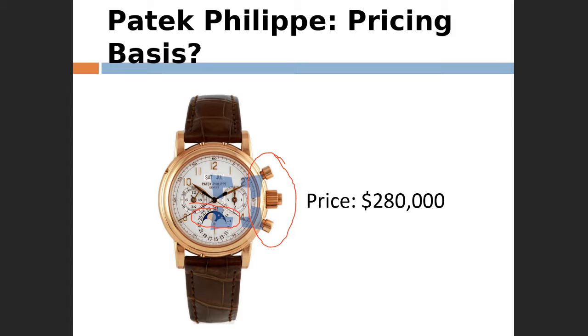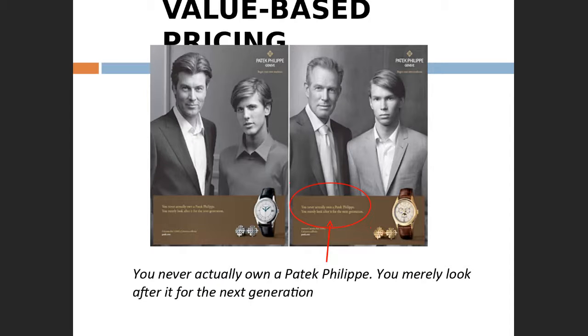No, you're not going to sell a watch for 280,000 based on these rational arguments. So what they have done is they've used value-based pricing, and look at what they're saying. It says you never actually own a Patek Philippe. You merely look after it for the next generation. So they're marketing this thing as an heirloom piece, something that you leave for the next generation.